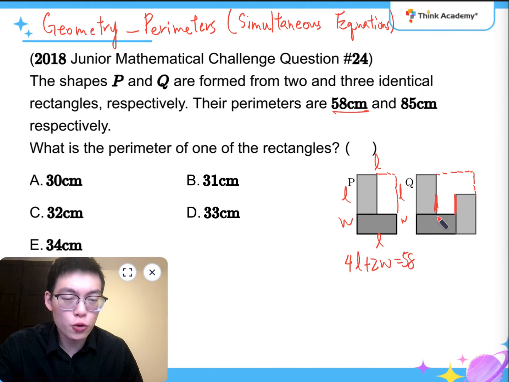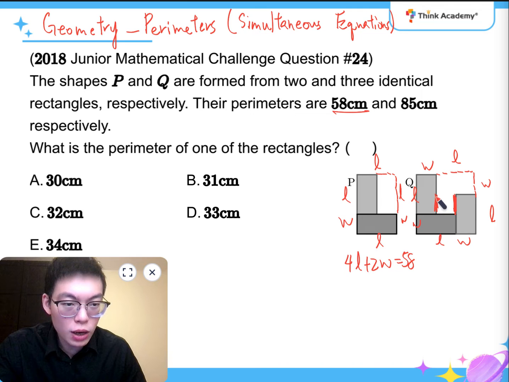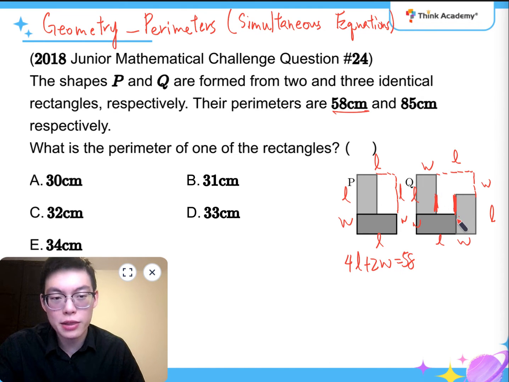And as for Q, you can see that each side is going to be a length and a width, a length and a width, a length and a width, a length and a width. But then we still have the 2 middle ones, yeah? And each of these middle ones is a length, take away a width.